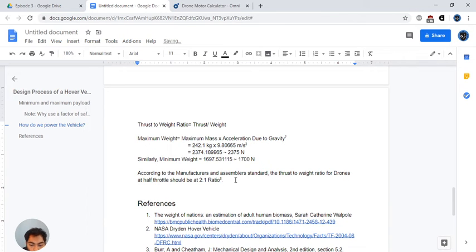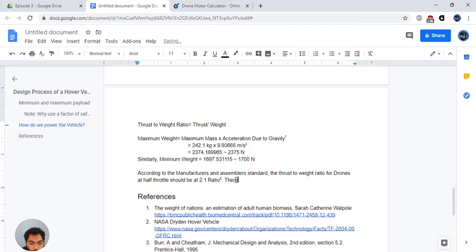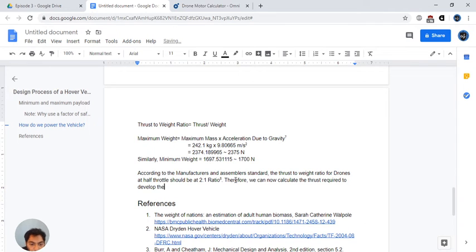So therefore we can now calculate the thrust required to develop our vehicle.